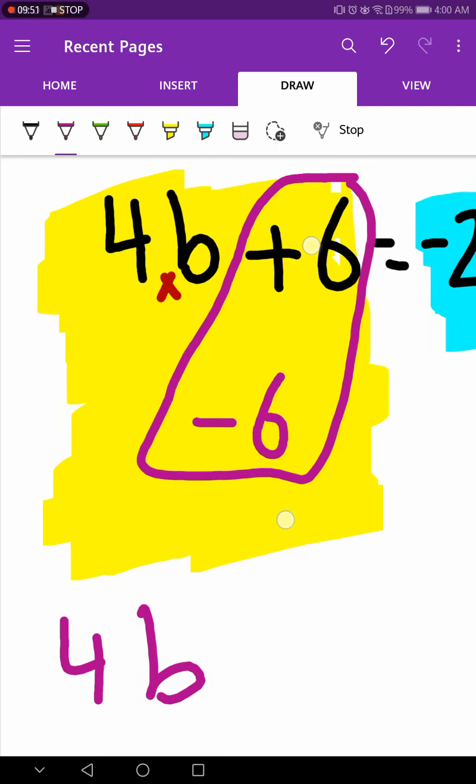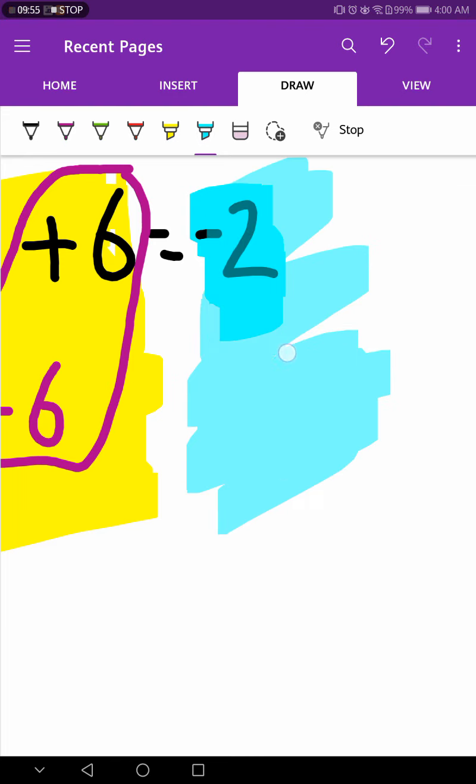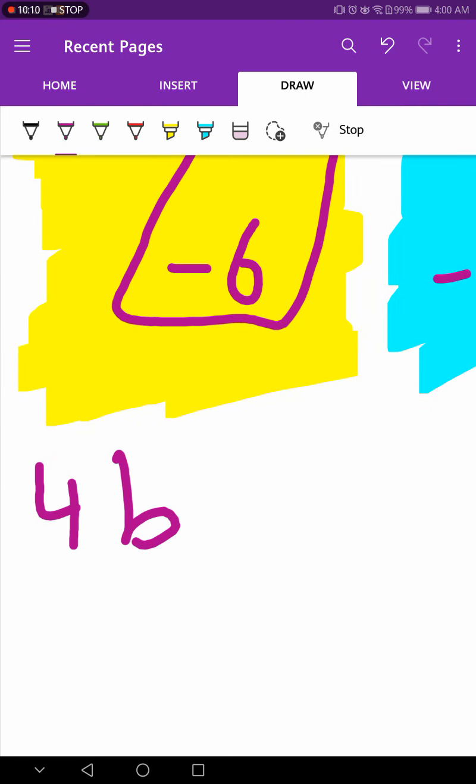Now what we do in the left, we have to do in the right. It is -6. You can deal with the integers, integer numbers. -2 and -6 is -8.